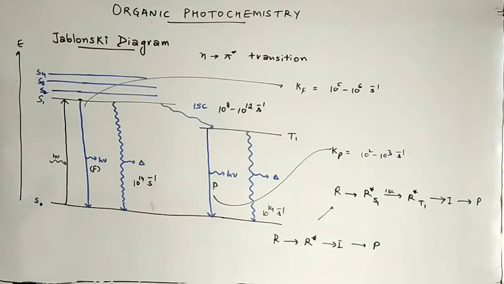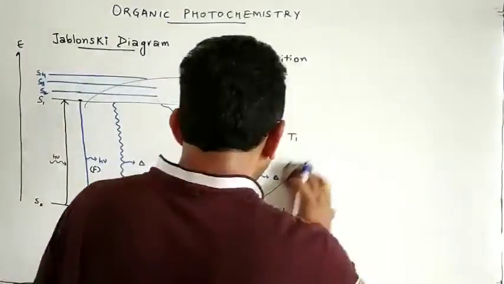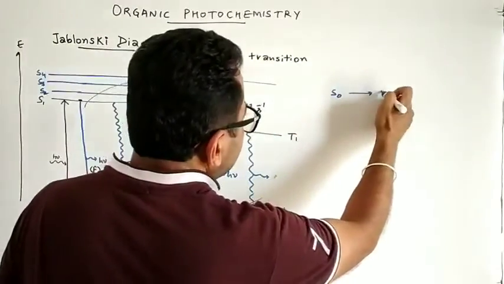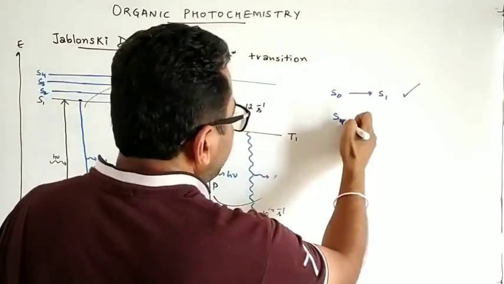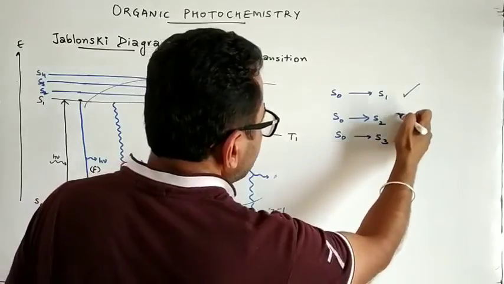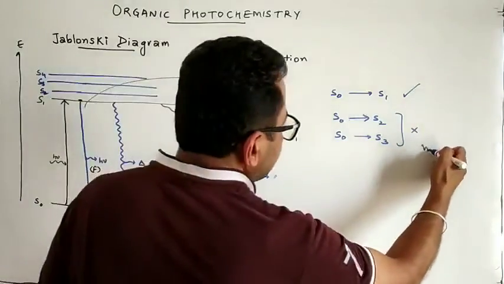Why do we take only S0 to S1, not S0 to S2? We never consider these transitions. So we try to find the reason. We generally take this transition and we never take S0 to S2, S0 to S3. Question is why?